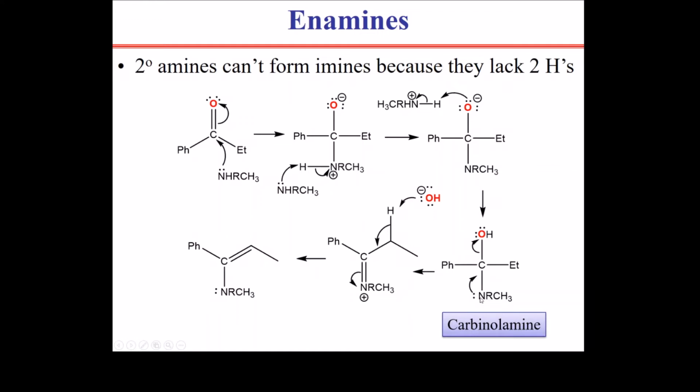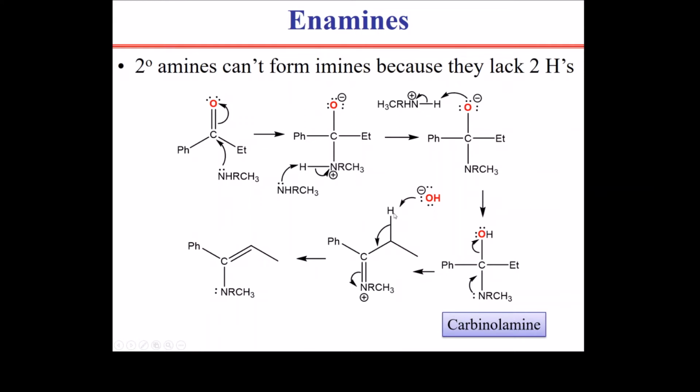The problem is when this internal nucleophilic attack occurs right here, now there isn't another hydrogen to pull off that nitrogen. So instead, we pull a hydrogen off of the position away from the carbon. So 2 positions away from this nitrogen, you pull one of the hydrogens off. 2 positions away from the nitrogen on this side, that's a phenyl group and it doesn't have a hydrogen.